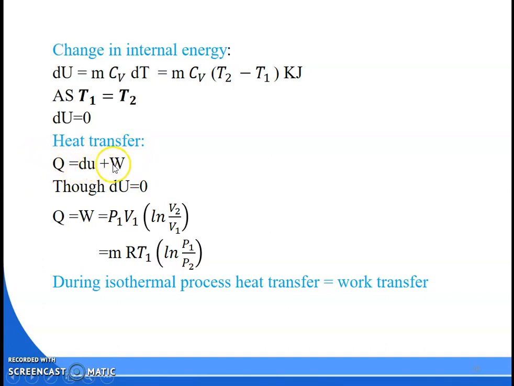Q is equal to dU plus W. Since dU is equal to 0, then Q is equal to W, that is P1 V1 ln V2 by V1, or m R T1 ln P1 by P2. So what we can get? During the isothermal process, the change in internal energy is equal to 0 and the heat transfer is equal to the work transfer.